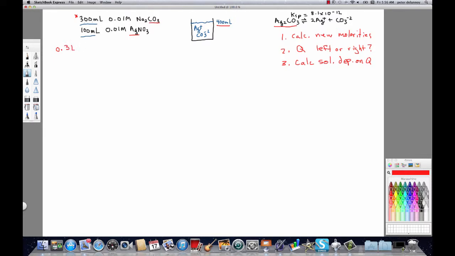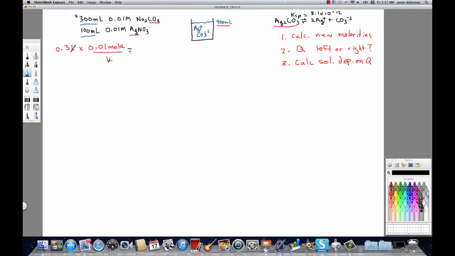That's just taking 300 and dividing by 1,000 mLs. We multiply the volume times the molarity of the salt. Molarity has units of moles per liter, so it's 0.01 moles per liter, and you can see the liters cancel out.